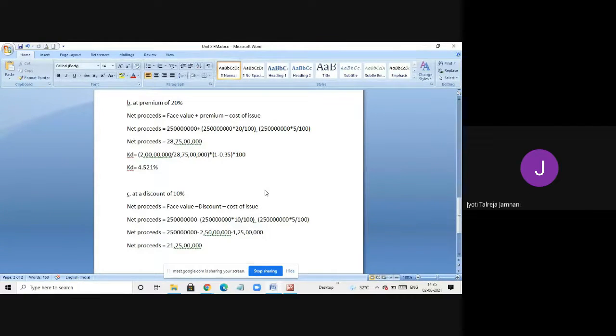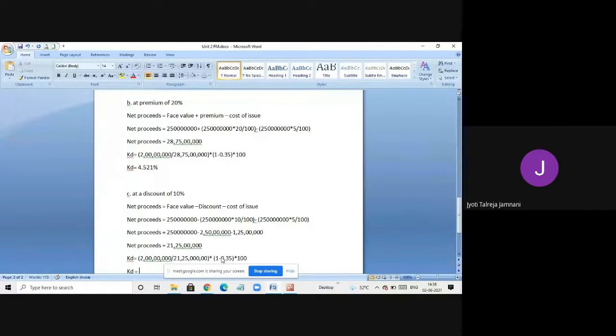The net proceeds. Now we can find cost of debt: interest 2 crores, divided by net proceeds 21 crores 25 lakhs, into 1 minus tax rate, 1 minus 0.35, into 100.